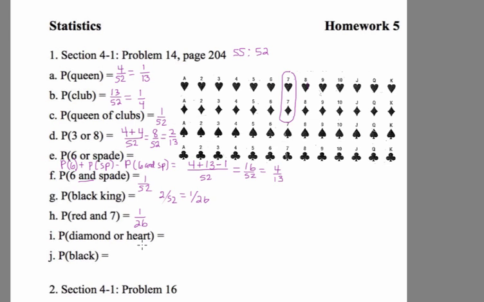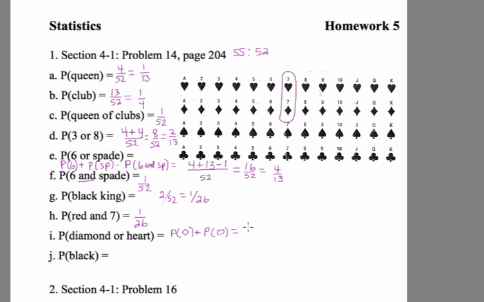A diamond or a heart. Diamond or a heart, those are mutually exclusive events. You can't be both a diamond and a heart at the same time. So in that case, you can take the probability that it's a diamond and add the probability that it's a heart.